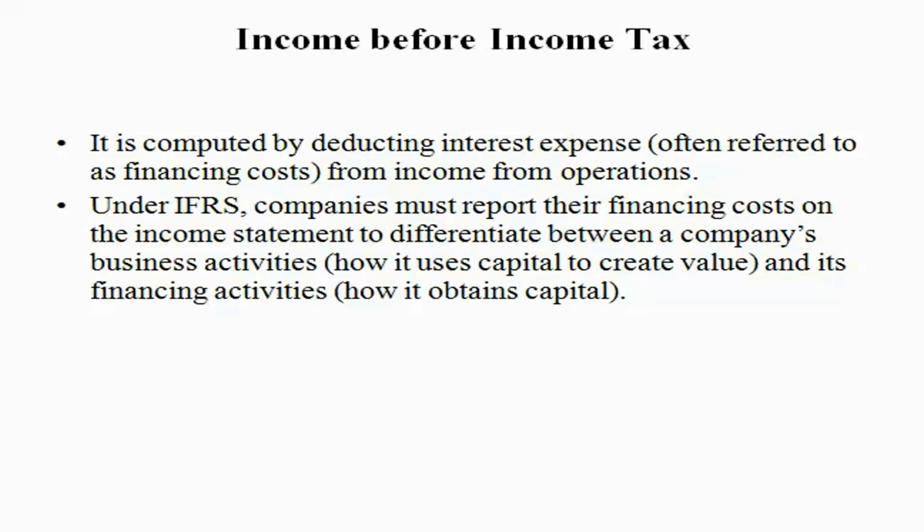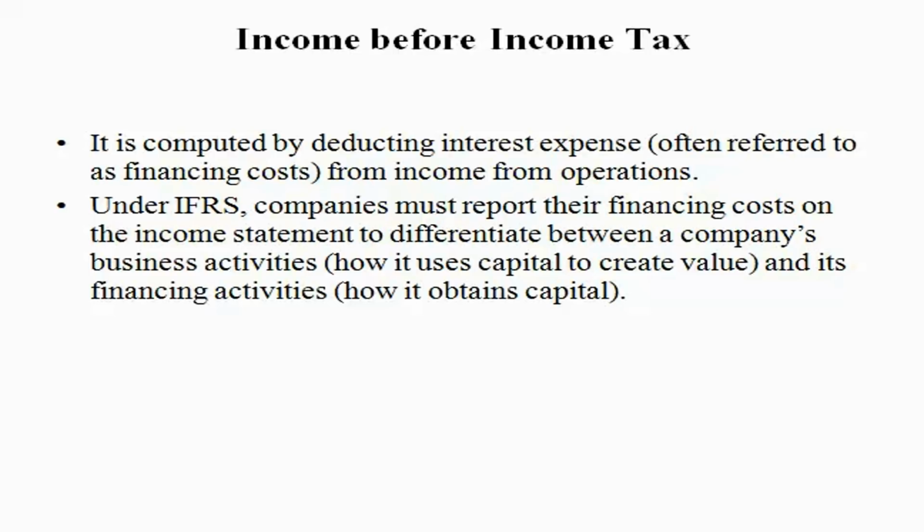Income before income tax. The income before income tax is computed by deducting the interest expense, often referred to as financing costs, from the income from the operations. So the income before income tax is the income from the operation minus the interest expenses. These interest expenses can be called the financing costs.